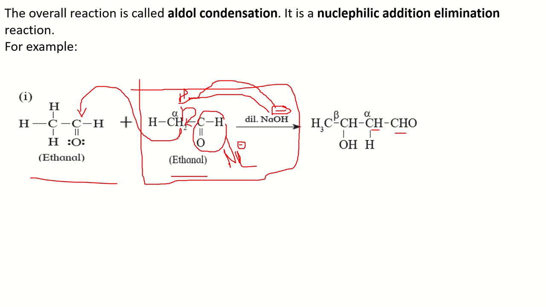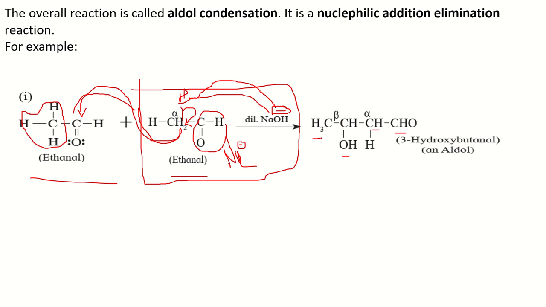This carbon, the alpha carbon, is directly attached to the carbonyl carbon. Having oxygen, and the oxygen donates the electron to the hydrogen, hence OH forms, and this whole part was a methyl group, hence this is methyl.